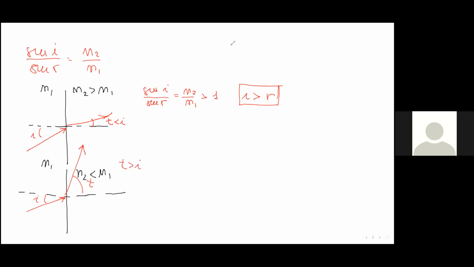So when you pass from a medium with a larger refractive index to a medium with a lower refractive index, the beam is sent away from the normal. And now you immediately realize that this case is particular.